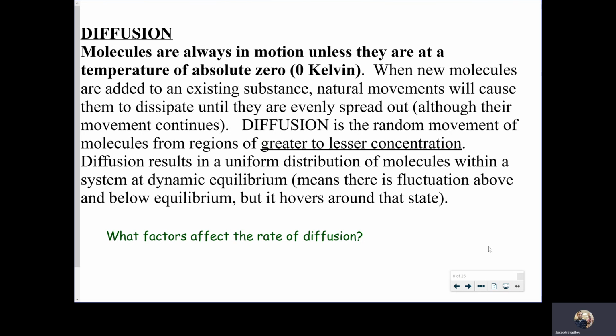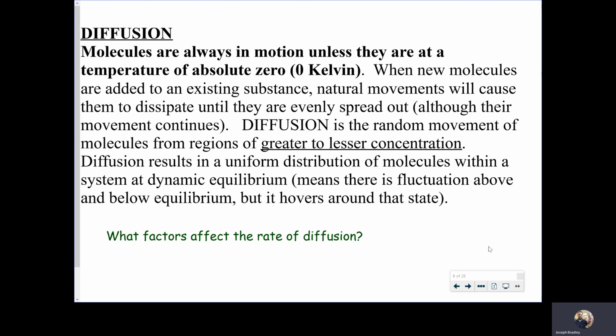So everything's going to be moving. So naturally, that movement is going to cause collisions. And as collisions occur, then they will dissipate until fewer and fewer collisions occur. But still, collisions can continue to occur. And collisions are more likely to occur when they're in higher concentrations.